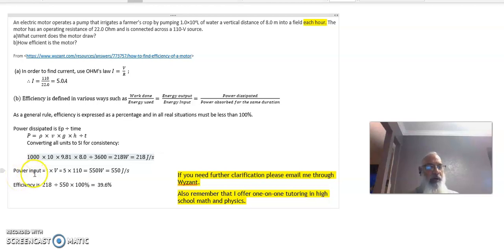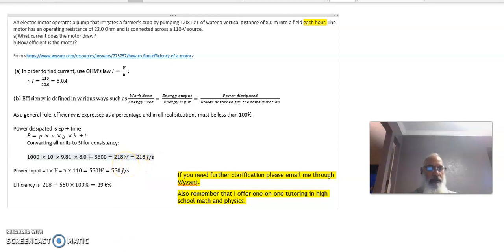All right, so then the power input, which is what the motor is doing, providing the energy. What is the power of the motor? Power is equal to current times voltage, that is 5, which we calculated up here, times 110, which is given, and you get 550 watts, or 550 joules per second, just like we did over here.